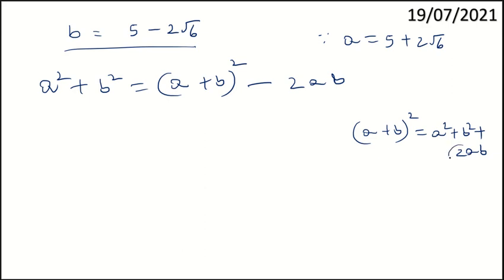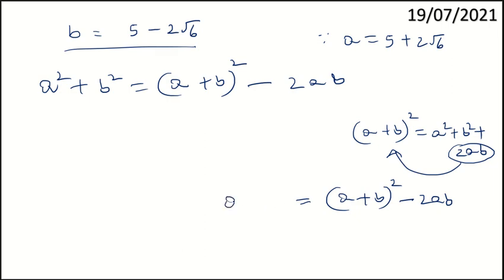Transposing this 2ab term to the other side becomes a plus b whole square minus 2ab. Since it is an addend here, it gives a subtrahend on the other side, then only a square plus b square comes. Okay, this is one method. Now, how to find using this method?